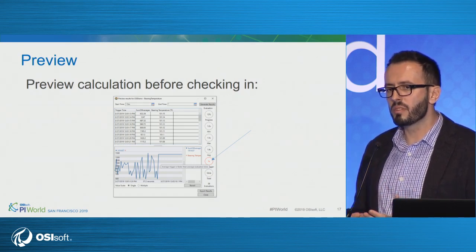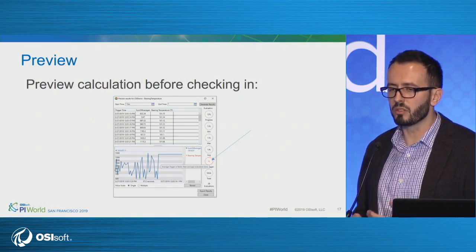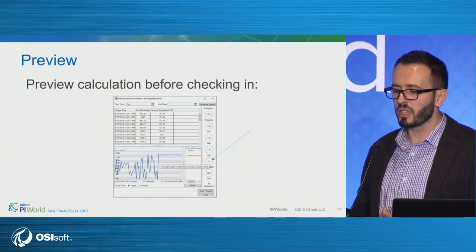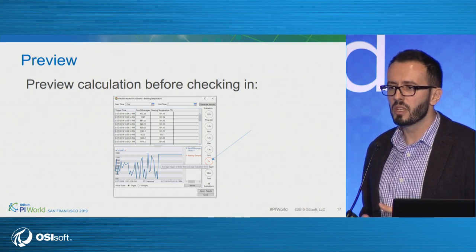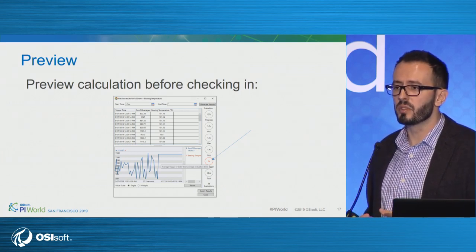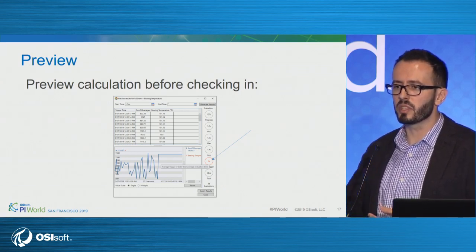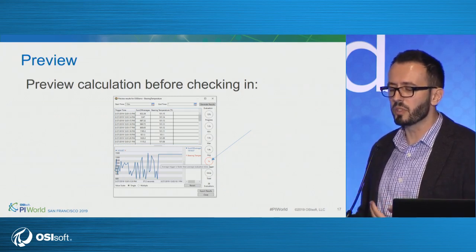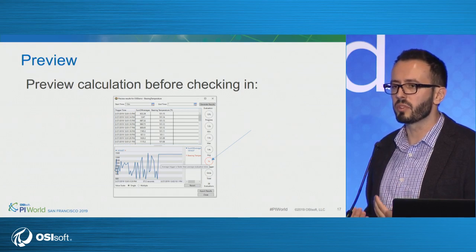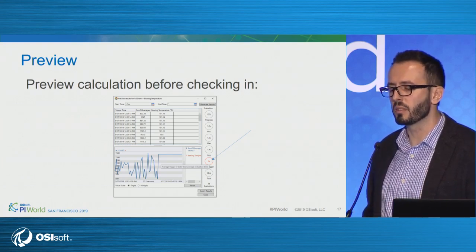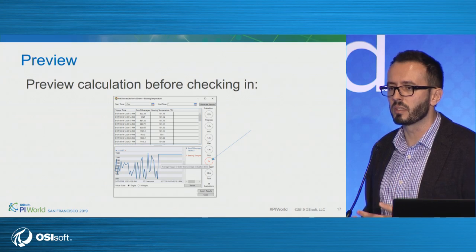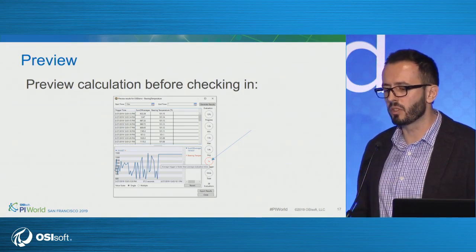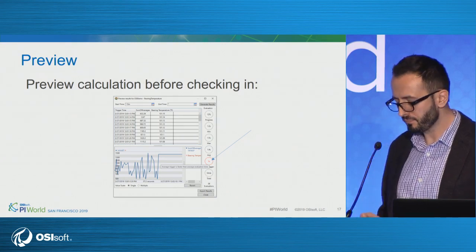If for some reason the calculation is taking longer to evaluate compared to how often it's being triggered, you will get a warning with a red circle that tells you just that. So it's a very useful tool before you even schedule the calculation to run in the system, and you'll know upfront if you might run into issues such as delays and calculations backing up. So I would really recommend you use this before you start scheduling your calculation.